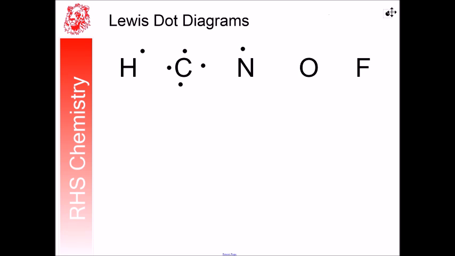Whereas nitrogen has a lone pair, two of them side by side, and then three solos, 5 electrons in its outer shell. Oxygen has 2 lone pairs most of the time. And I've included fluorine just to be complete.